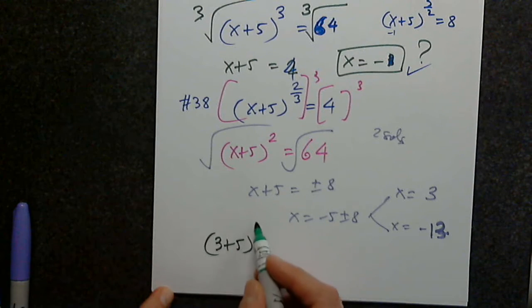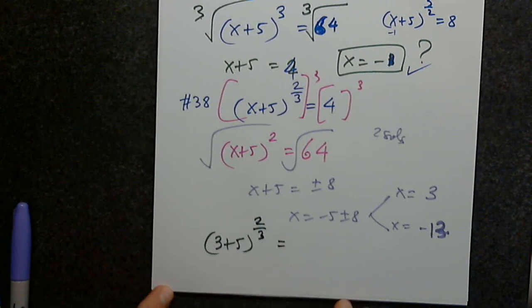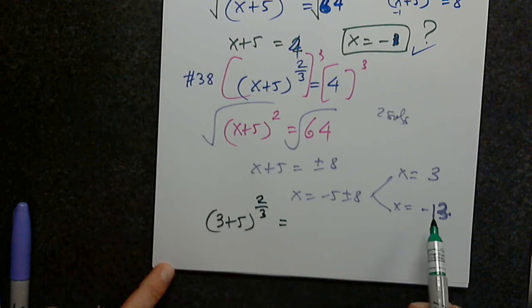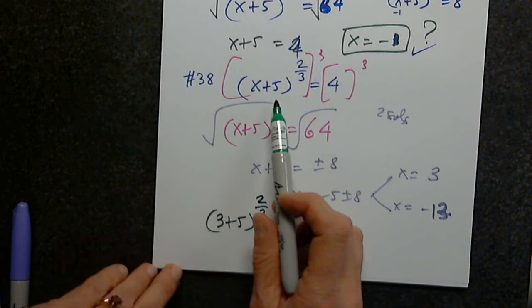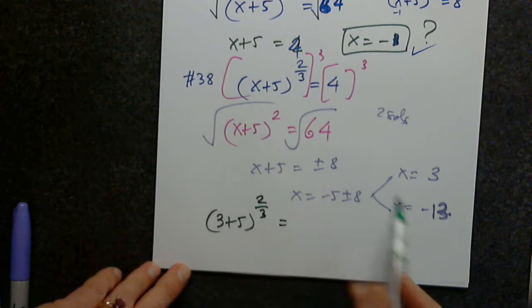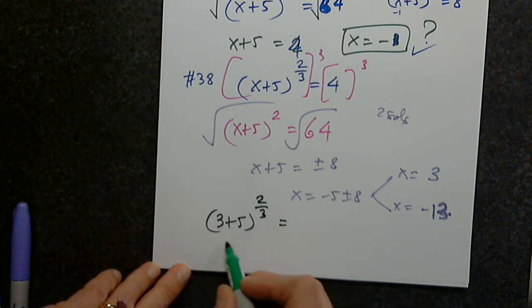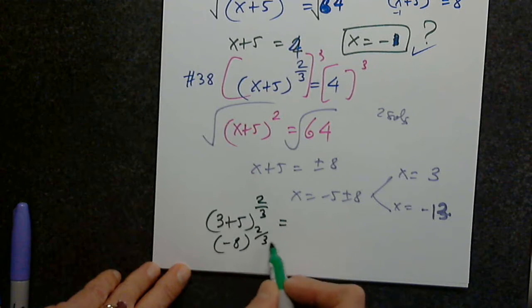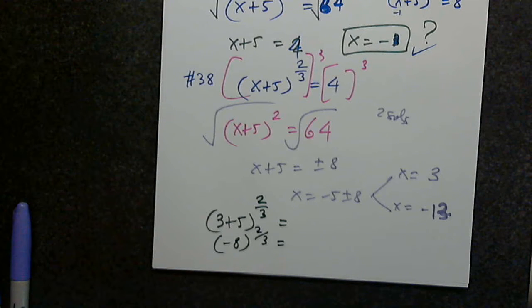3 plus 5 to 2/3, and I want to see if this is 4. And -13 plus 5 is -8 to 2/3. So 8 to 2/3 and -8 to 2/3. 8 to the power 2/3, I'm expecting a 4.